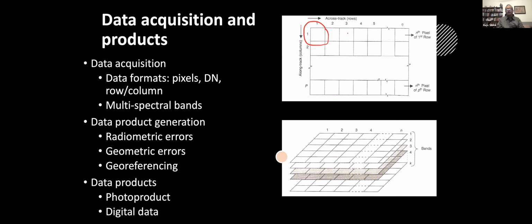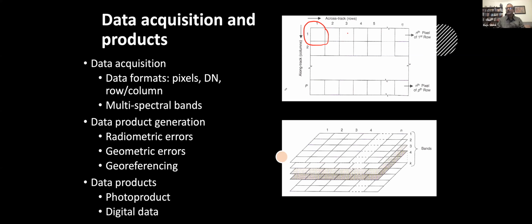And then if you remember, we also talked about the fact that the data is collected in multispectral format, which means that for each band, we also talked about the atmospheric windows yesterday, and based on the atmospheric windows, we design how many bands the satellite data will be collected in.